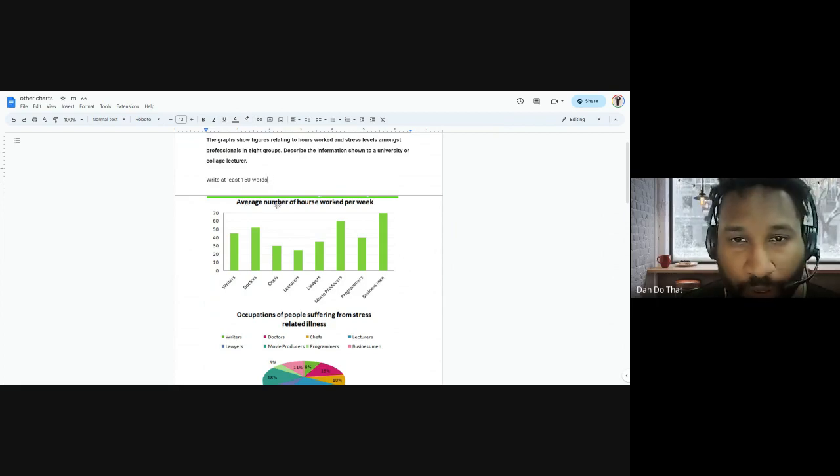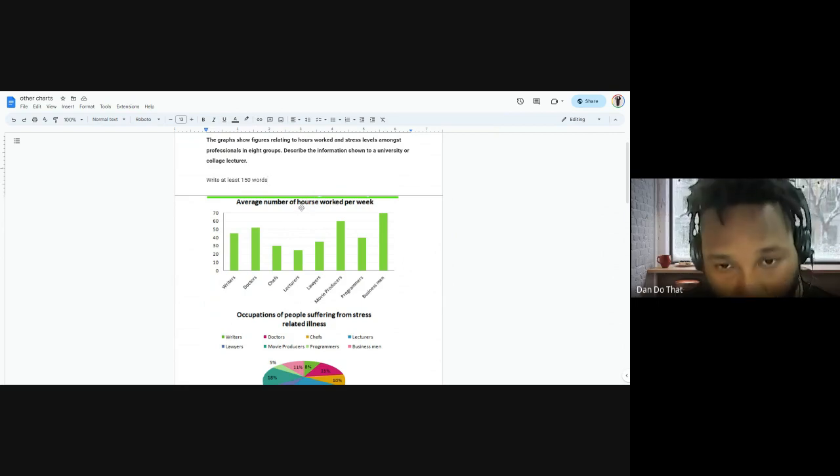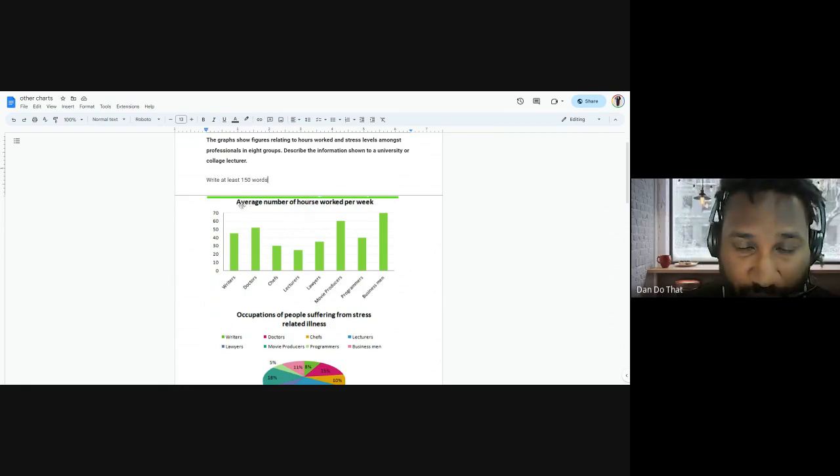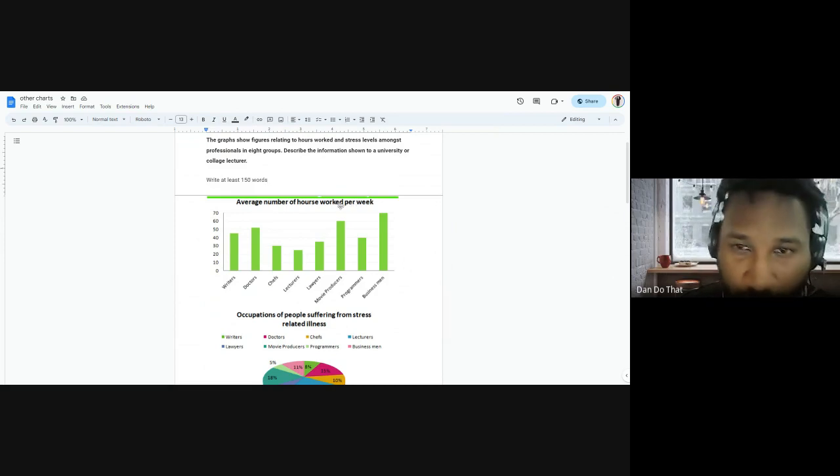You can't say number, amount or count of, can't say hours, so we can say time. The averaged amount of time, and we can't say worked, but we can say spent on work. We can't say per week, but we can say over the 7-day work week.